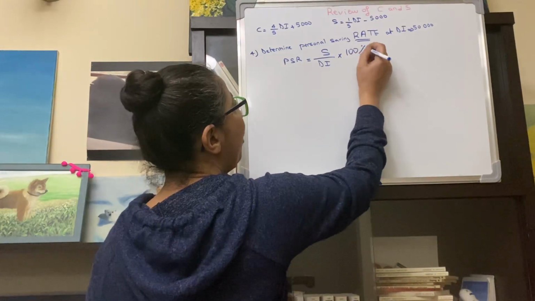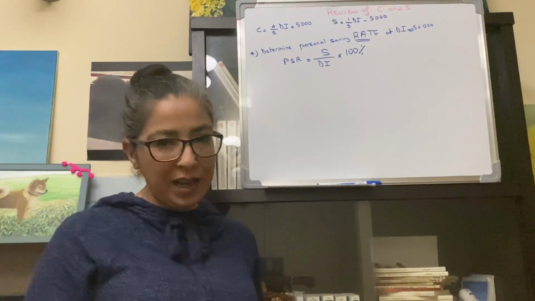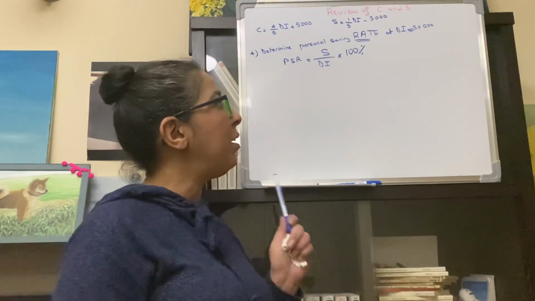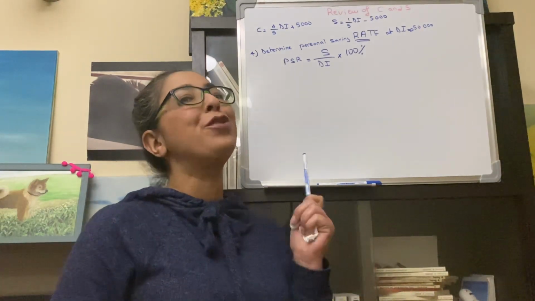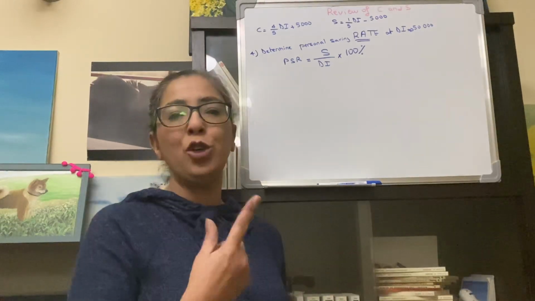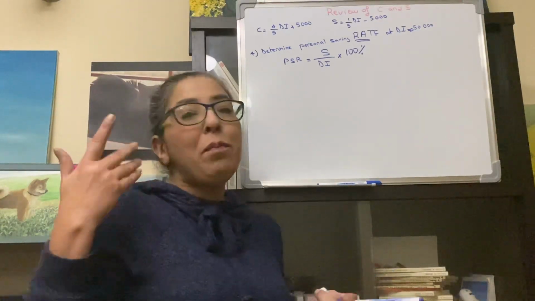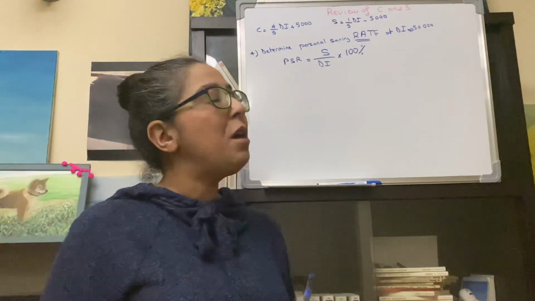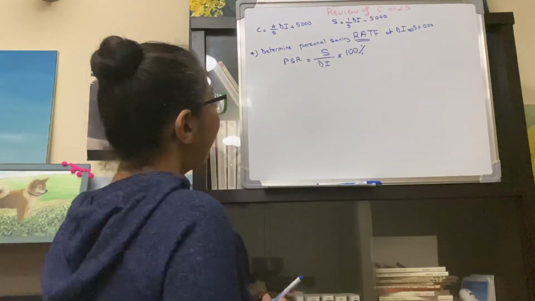Please, guys, don't forget the percentage sign, because mathematically multiplying by 100 is different than multiplying by 100%. When you multiply by 100%, you're multiplying by 1. You're not doing anything. When you multiply by 100, some people know that it means percent, but I need to see it in order to understand it, okay?